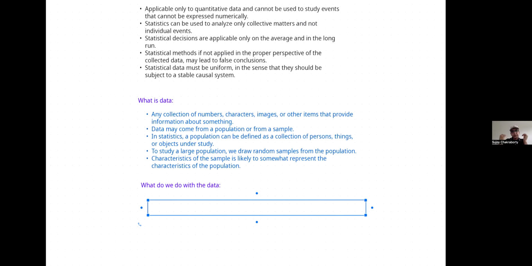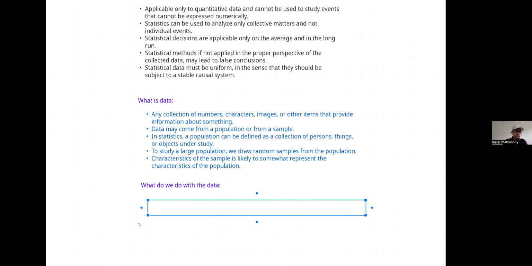And if it is some quantitative value, then we compute different statistical quantities from the data. And then based on that, we make some interpretations of the data, right? And some decisions we can make based on our analysis and interpretation of the data.